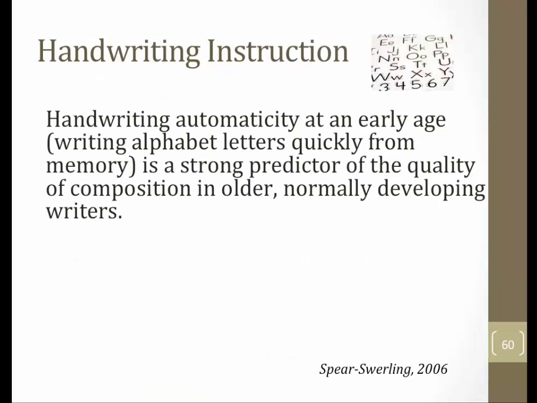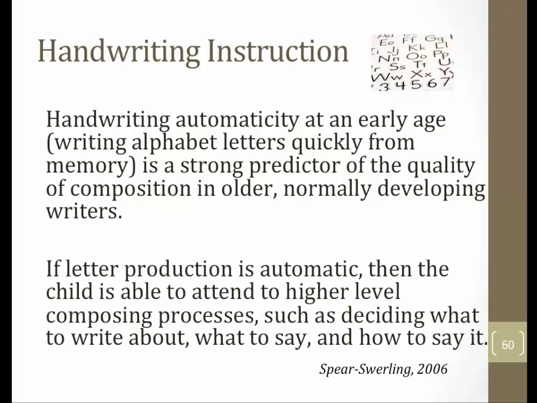And then just a word about handwriting instruction. Many of our students, again, talking about co-occurring difficulties, might also be dysgraphic. Dysgraphia has to do with handwriting and being able to form the letters properly.